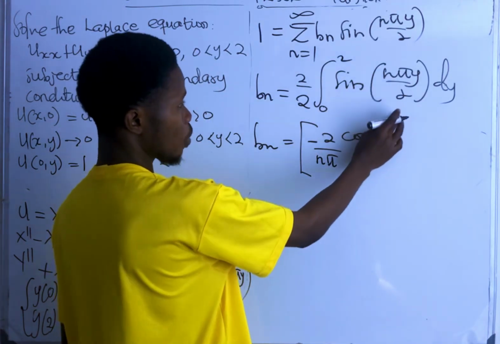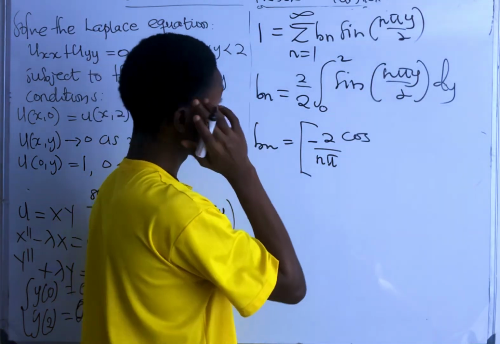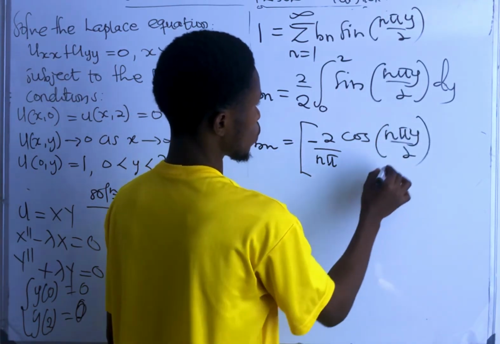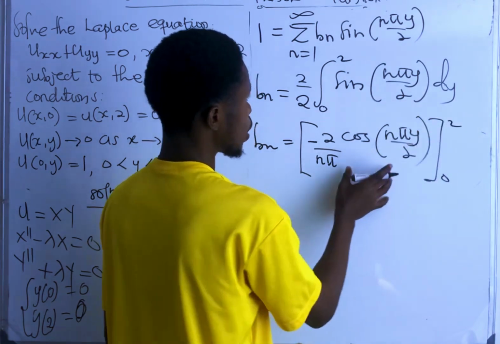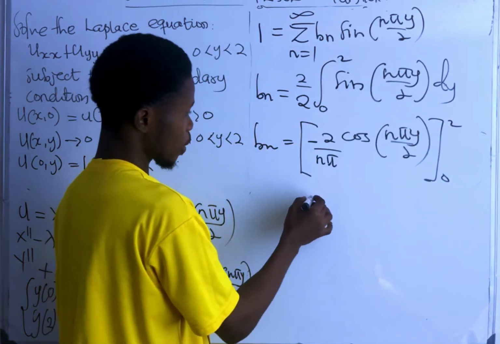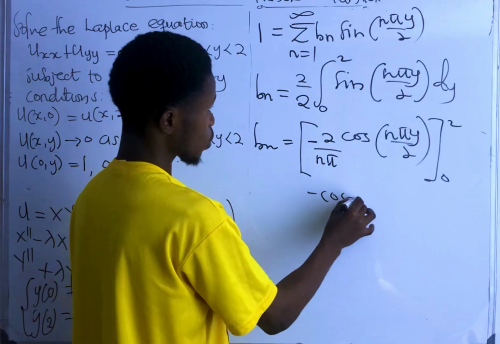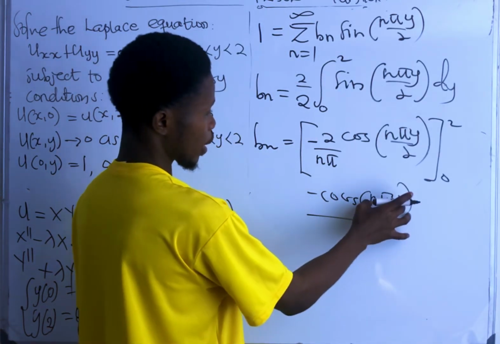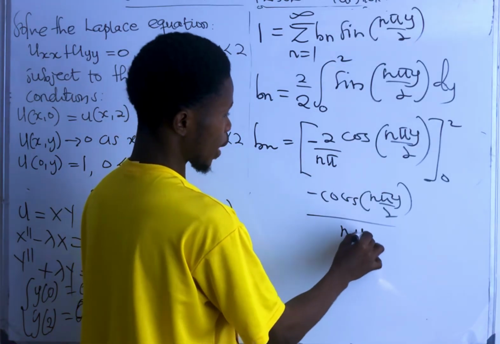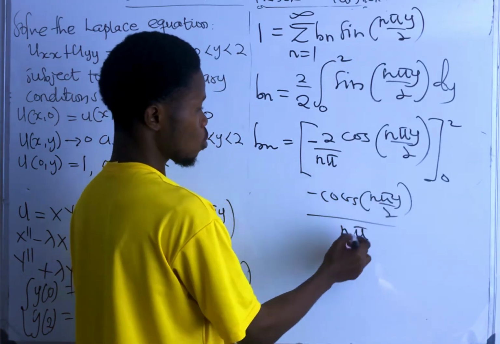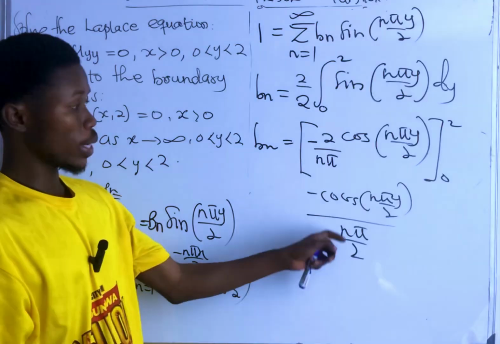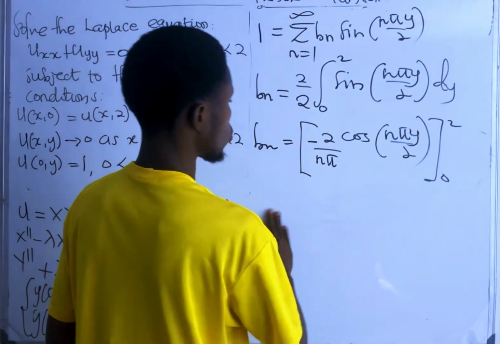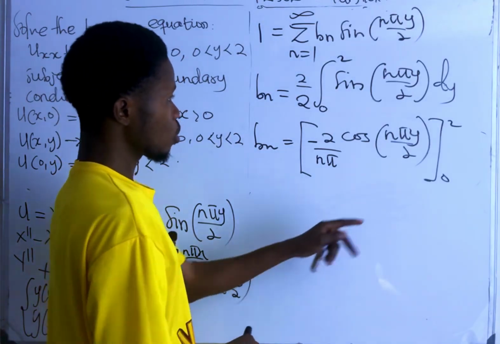You get this bracket, negative cos n pi y over 2, then this one is from 0 to 2. How did I integrate this? If you integrate, you get negative cos n pi y over 2 divided by whatever is here. You differentiate it: if you differentiate y, that gives you n pi over 2. And that's why if you simplify this, you get this. So you should take notes. So now here, I'm just going to substitute, okay?